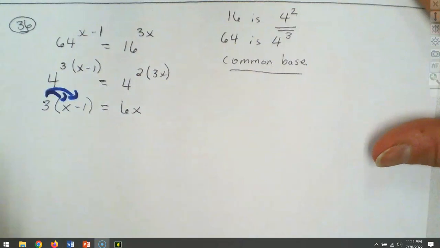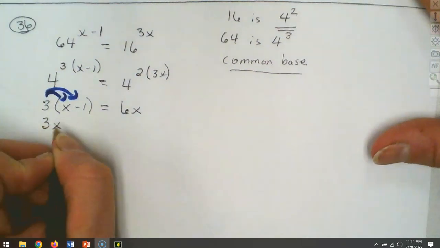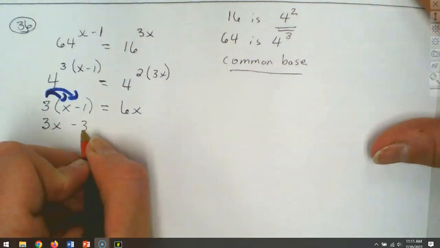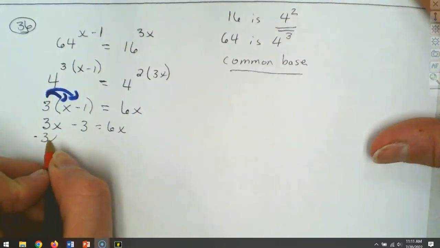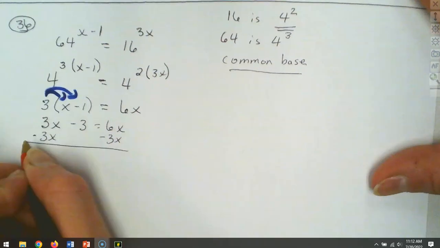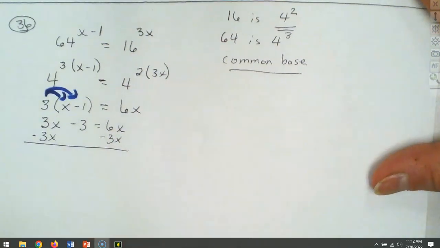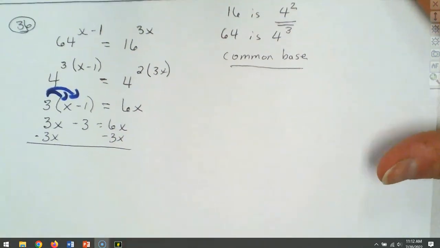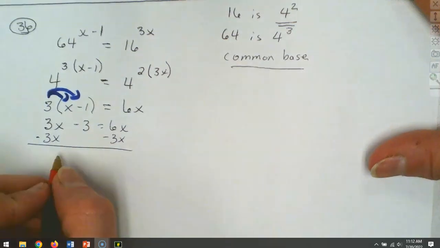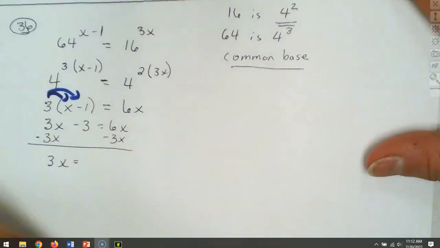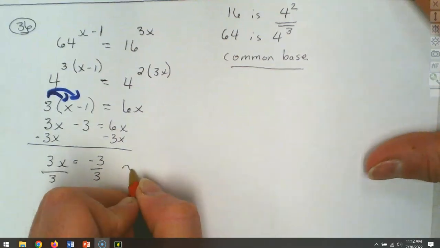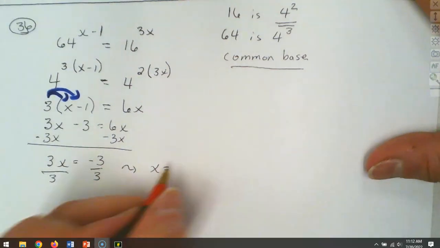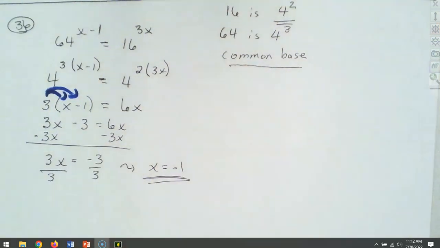So not much to this, because that's going to be a 3x minus 3 equals 6x. We'll move that 3x over. And I'm going to rewrite it in the right order. So moving that 3x over, that's going to leave you with 3x equals negative 3. Divide by our 3. So now we've got it. So x equals negative 1. Pretty simple.